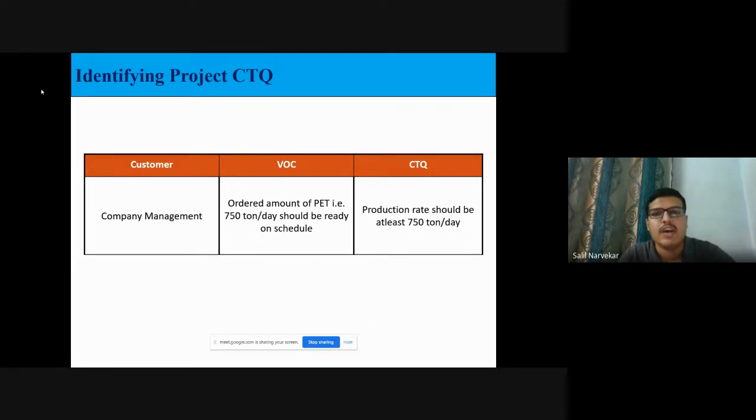And the voice of the customer, like someone from the company may have said, currently we are not getting the 750 tons per day of production which is required by our customer, and so we are not able to fulfill the orders which have been requested from us, and so we need 750 tons per day to be ready on schedule. That's the voice of the customer, and based on that the CTQ was defined. So this is the start of the define phase actually when we talk about the actual Six Sigma project.